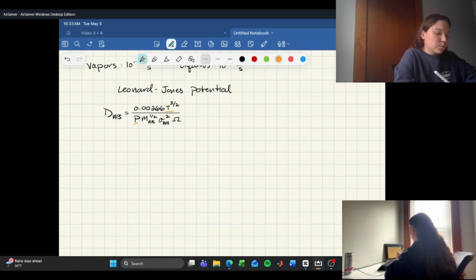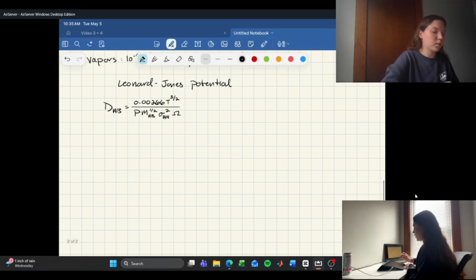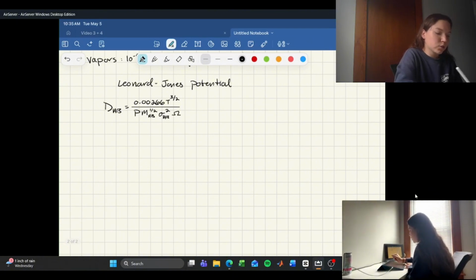So then we have temperature and pressure. These are the temperature and pressure of the system, which can be measured, and the average molecular weight, or the molecular weight of A and B, can also be found easily. And then the collision diameter is going to be found mostly in a table. Then if we want to find the collision integral for diffusion, it's going to be based on the boiling point of the system.